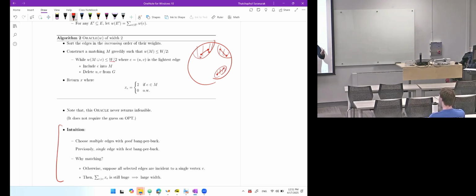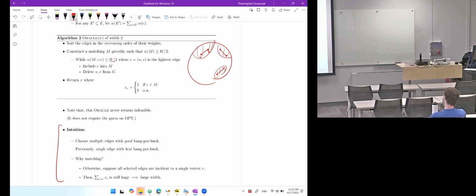The smallest one has the best bang per buck, but we now choose multiple edges with good enough bang per buck. What does it mean to be good bang per buck? It means that at least in total, the total weight is not too big yet. The guy at the end of this order will have too big a weight, so that's not good bang per buck.